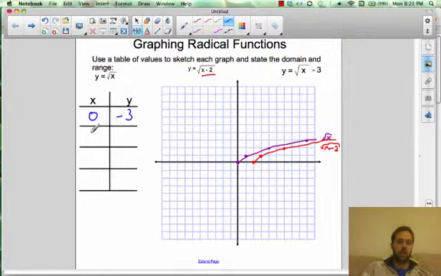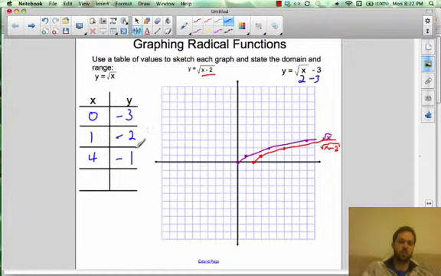Okay, so our next one that's a perfect square is 1. Root of 1 is 1, and 1 minus 3 will give us negative 2. Okay, so the next perfect square we can choose is 4. The root of 4 is 2. 2 minus 3 will give you negative 1.